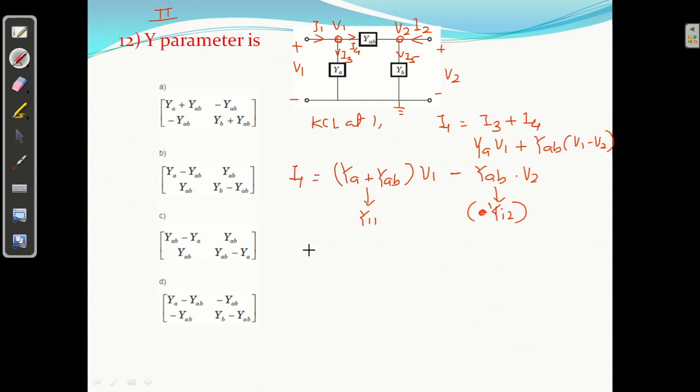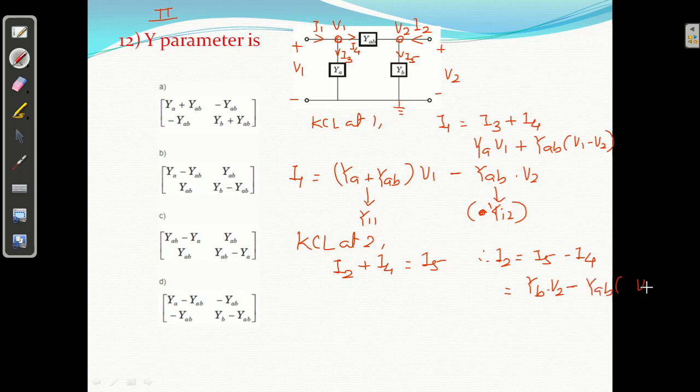Now KCL at 2. What is the KCL at 2? Incoming currents are I2 plus I4. These are the two incoming currents. This plus this equal to I5. So I will write I2 equal to I5 minus I4. I5 is V2 into YB. I4 is V1 minus V2 into YAB.